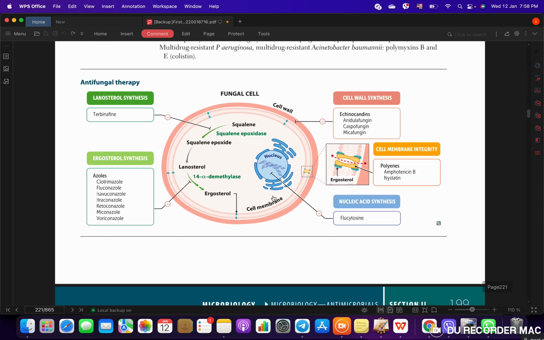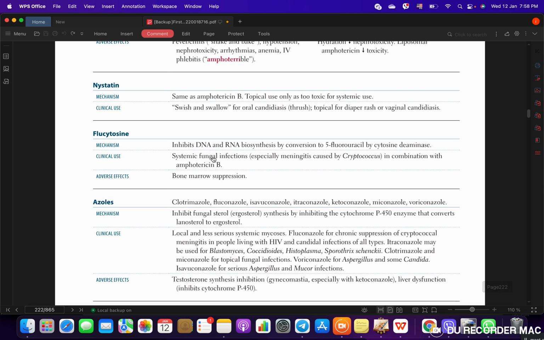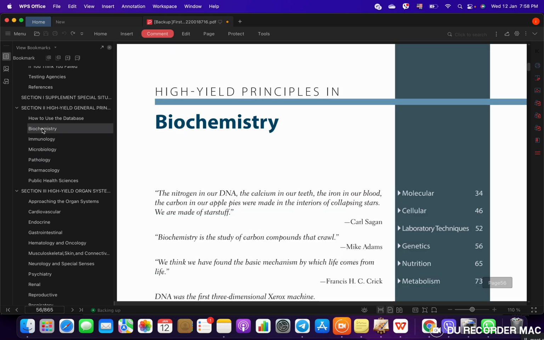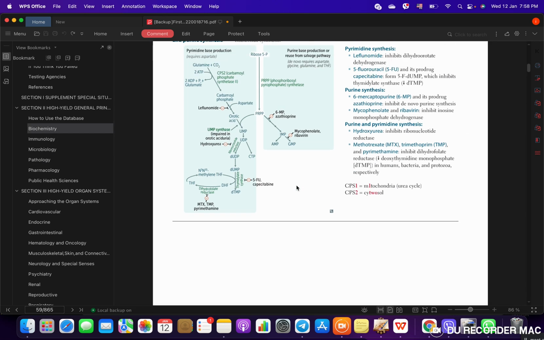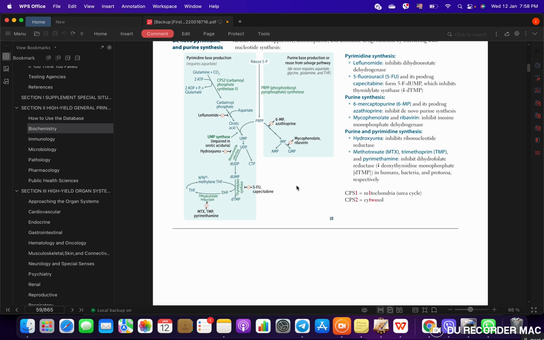Flucytosine is a different drug. It works inside the nucleus by inhibiting DNA and RNA biosynthesis through conversion to 5-fluorouracil by cytosine deaminase. You may be wondering, what is this 5-fluorouracil? It seems familiar, but I forgot about it. Well, 5-fluorouracil is basically a drug that works on the pyrimidine synthesis pathway.